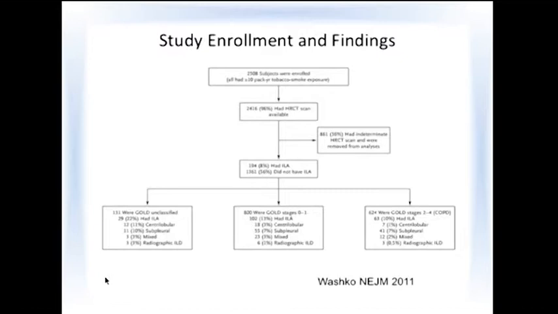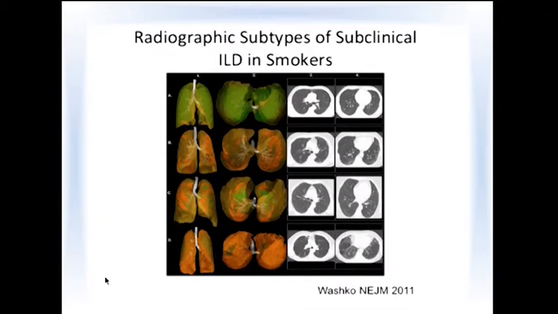So we had 2,500 individuals, of which almost 200 had interstitial lung abnormalities. Obviously this is a smoking cohort, so these are classified by GOLD stage as well. Let me spend a couple of seconds showing you the phenotypes we found, because I think this is very interesting. What I'm showing you here on the top is a three-dimensional reconstruction of what we call RBILD, or centrilobular changes, that I think all of you are very familiar with, and unfortunately it doesn't project well.